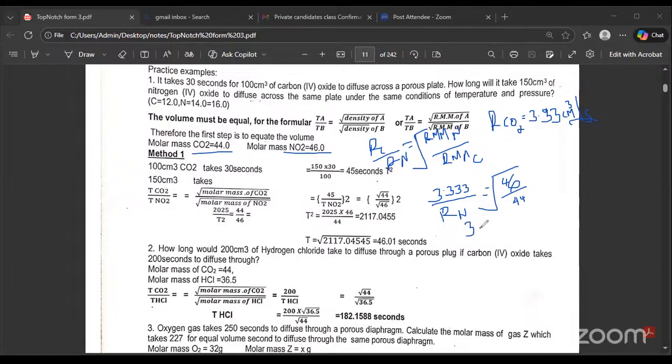So I'm going to truncate that because of time. 3.3 over rate of nitrogen peroxide is equal to the square root of, I've divided what is inside the square root. You get 1. So mine is giving me 1.045, a repetition of 0.45, 1.045. And then what I do next, I square root now.